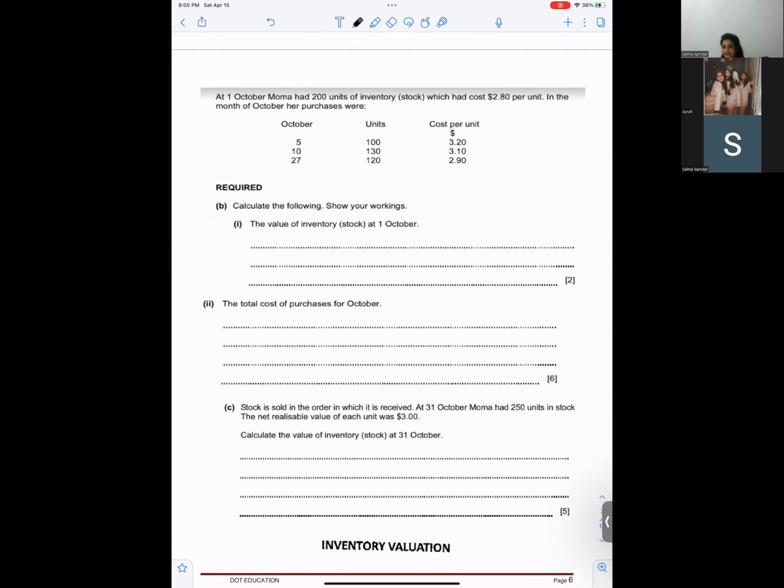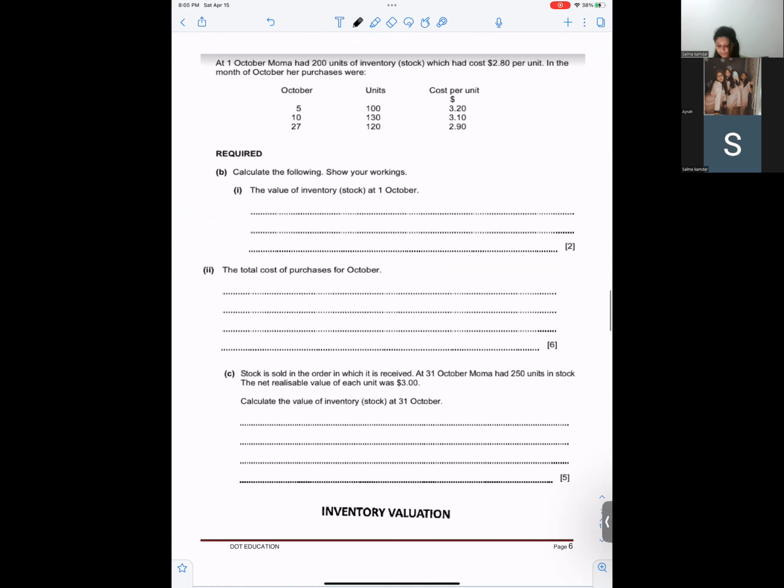You say, I will write. Okay. So the value of inventory. Read the question first, here. At 1st October, MoMA had 200 units of inventory, which had cost $2.80 per unit.